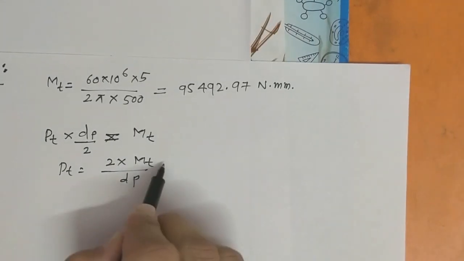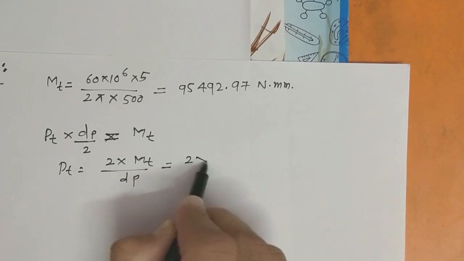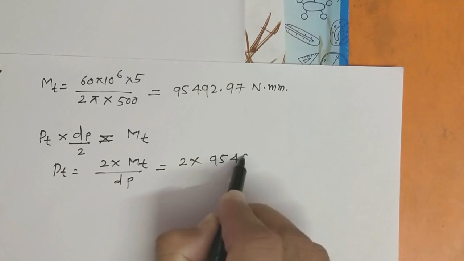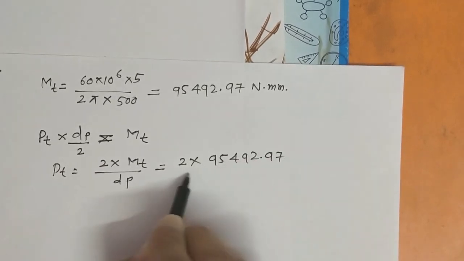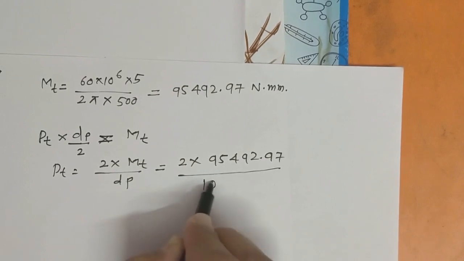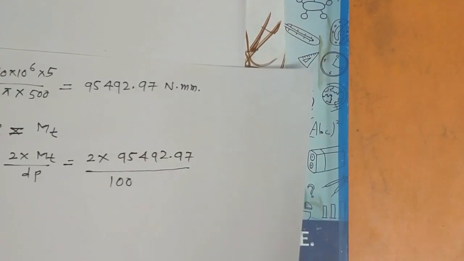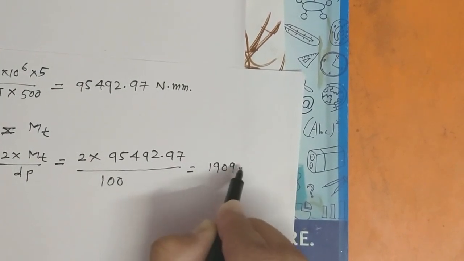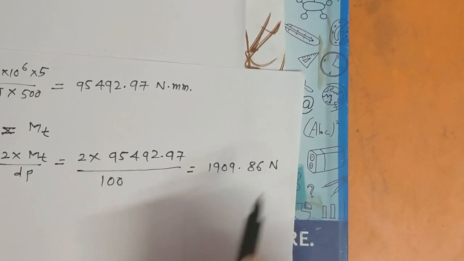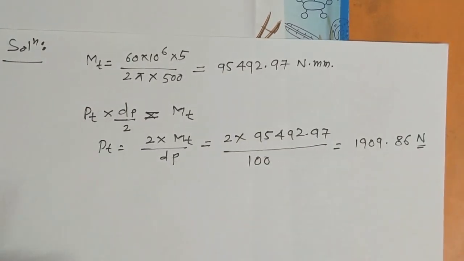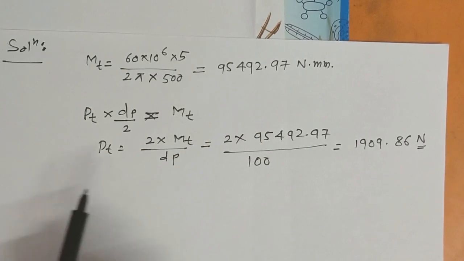Putting in the values, 2 multiplied by 95492.97, and dp for the pinion is 100 mm, so this becomes 1909.86 Newton. This is the tangential force calculated from rated torque.